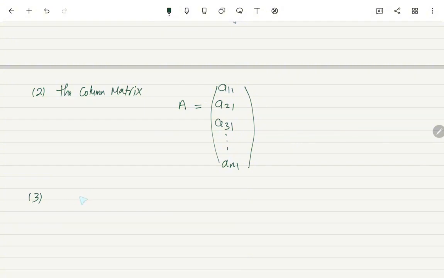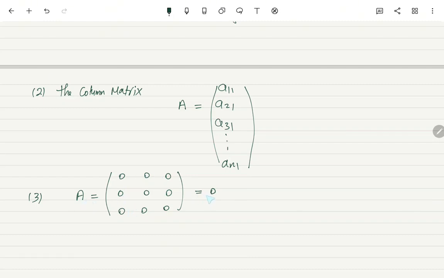For instance, A equals 0, 0, 0, 0, 0, 0, 0, 0. This matrix is called the null matrix or zero matrix, and sometimes we can just write it as 0 rather than repeating zeros in this manner.